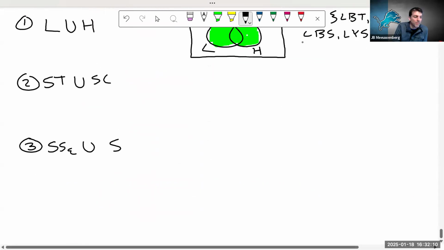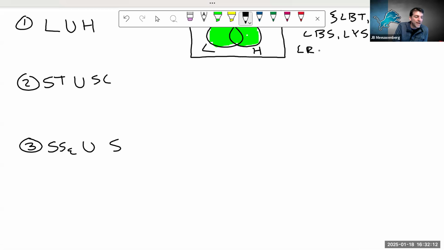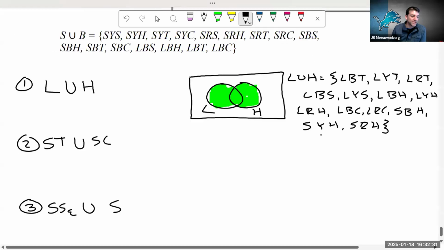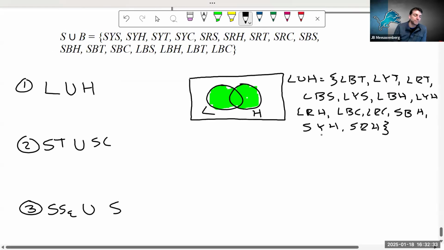What's next? Large red hexagons. I told you it's a long list. Large blue circles, large red circles, small blue hexagons, small yellow hexagons, and small red hexagons. That's quite a list, right? That's quite a list if we wrote that out in set notation.